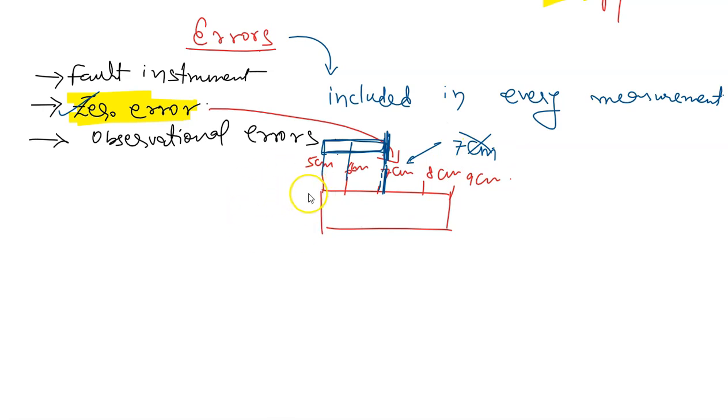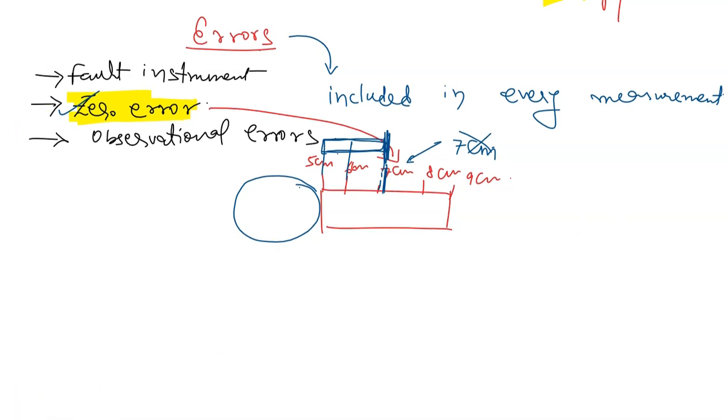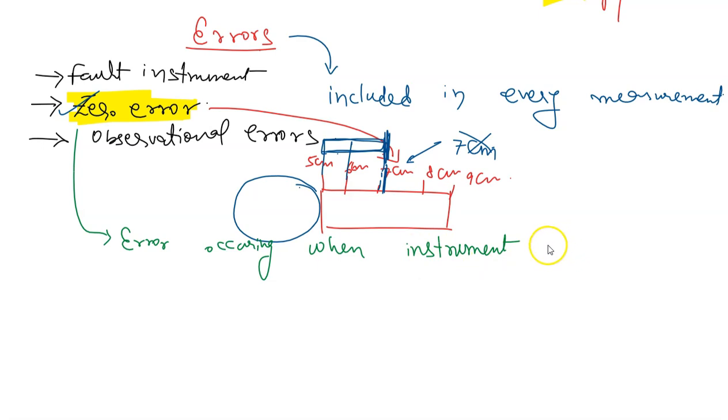Zero error means the pre-error, or the error which is coming at the point we are using the instrument. We can say zero error is the error occurring when the instrument's first value to be read is not 0.